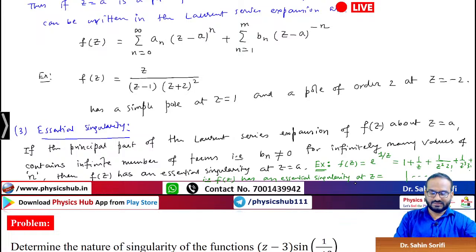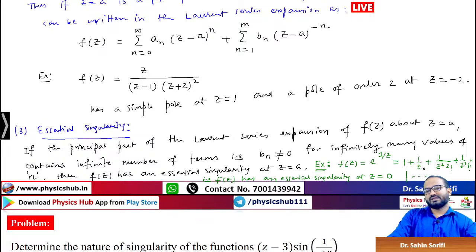At which point does f of z contain an essential singularity? z equals to 0. Very good.